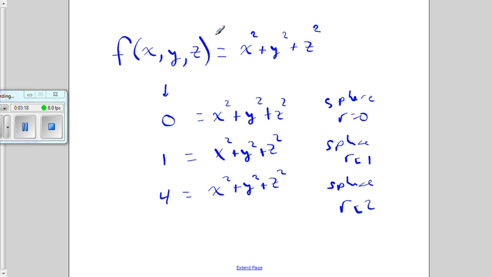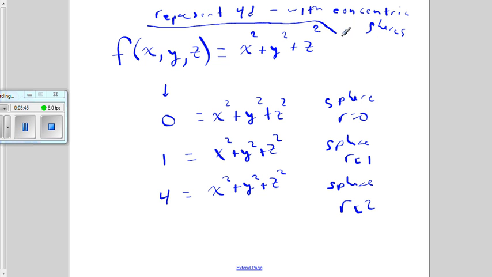So what we could do is represent this 4D shape with concentric spheres, where each sphere, exactly the same as a contour line, is now a contour shape, so each sphere represents a different value for my dependent variable f of x, y, z.